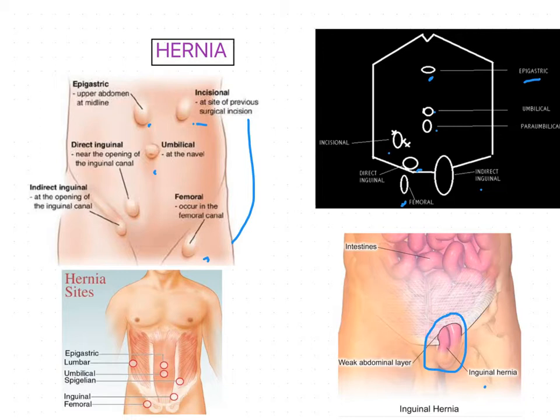So these are all different sites of hernia in the anterior abdominal wall. Okay, now what does a hernia consist of? Why is such a protrusion happening? What are the contents of this hernia? Now we will see.